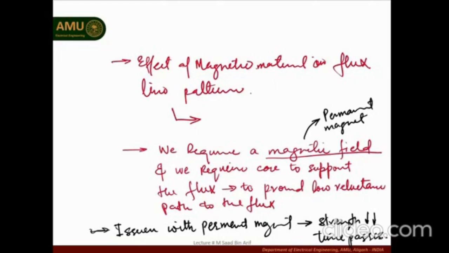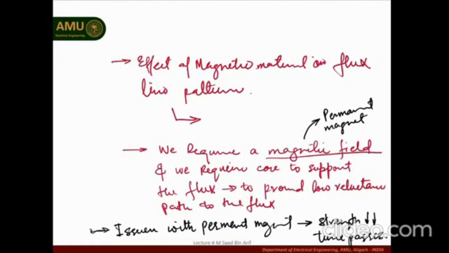So in order to avoid the aging effect, in many applications the magnetic field is produced using current, which can sustain a magnetic field for a long time without losing its strength due to the constant supply of current. The aging effect is not there in such a magnetic field.